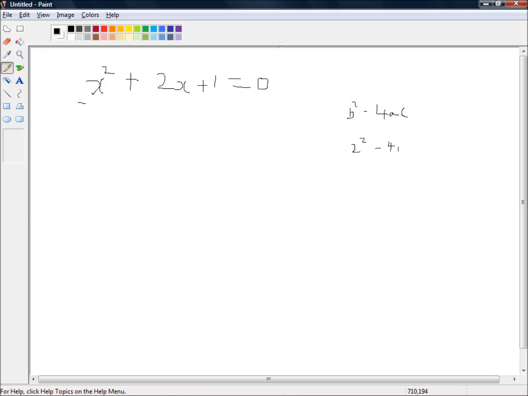So that's 4 times 1 times, and then the c term is 1. So that's 4 times 1 times 1, which is 4. So 2 squared is 4, so that's 4 minus 4, which is equal to 0. So the discriminant is equal to 0, so there's just one solution.